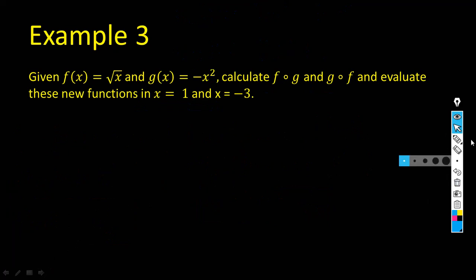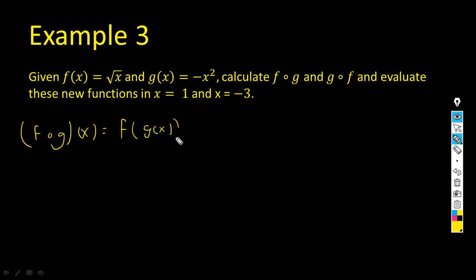One more. Given f of x equals the square root of x and g of x equals minus x squared, calculate f of g and g of f and evaluate these new functions in x equals 1 and x equals minus 3. So very quickly, f of g of x is by definition f evaluated in g of x.